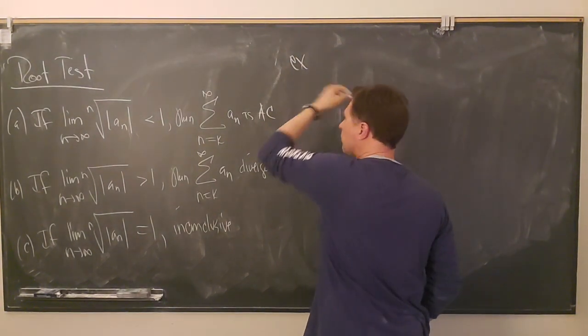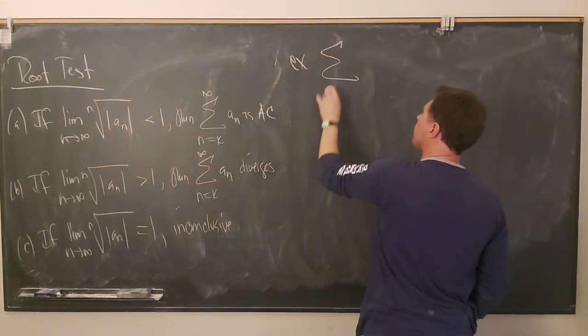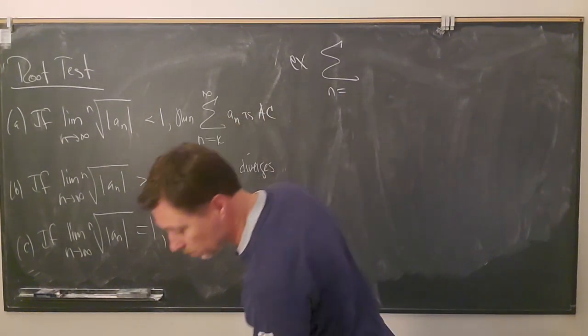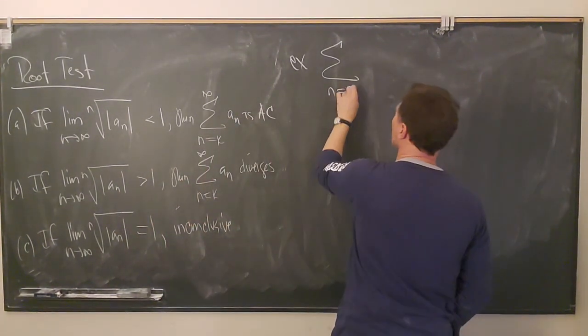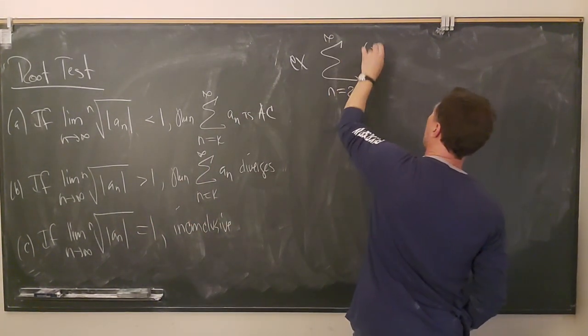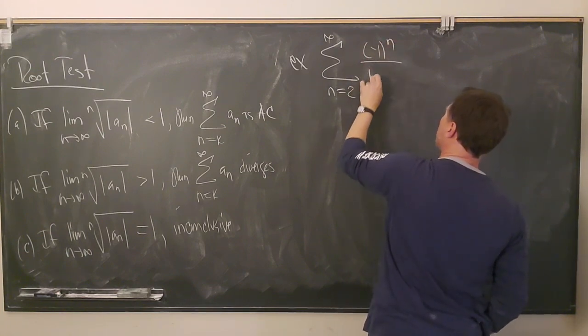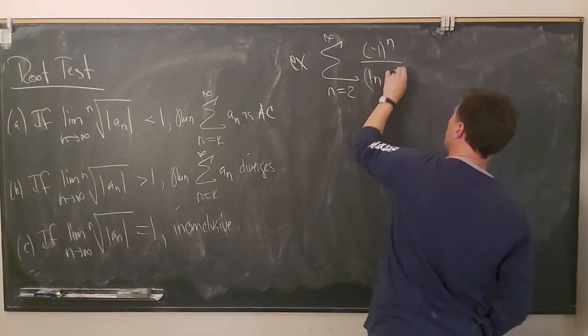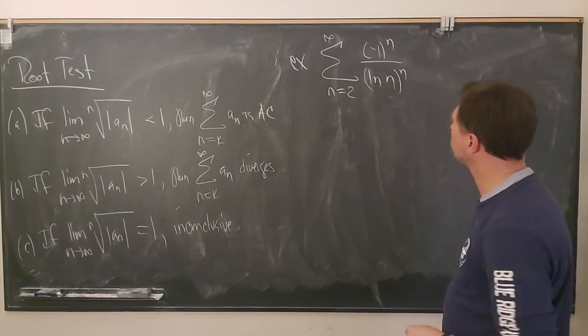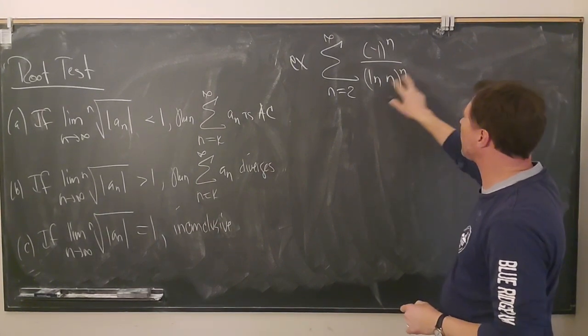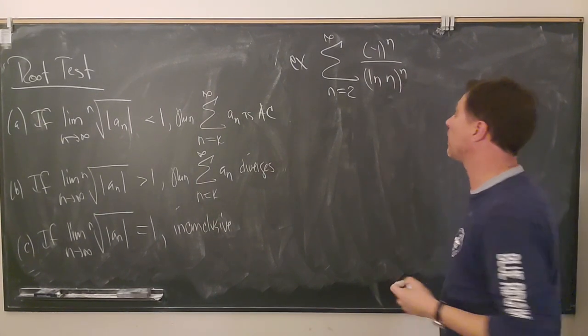First example, sum n equals 2 to infinity of (-1)^n divided by the natural log of n, raised to the nth power. When we see some expression raised to the nth power, that's when you want to think root test.